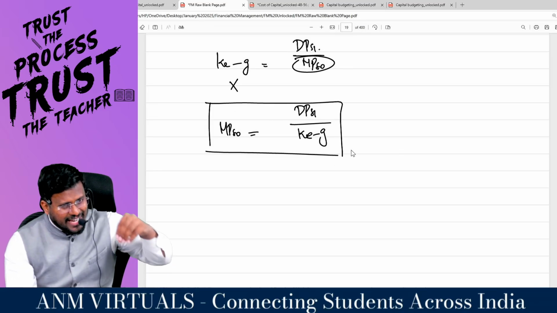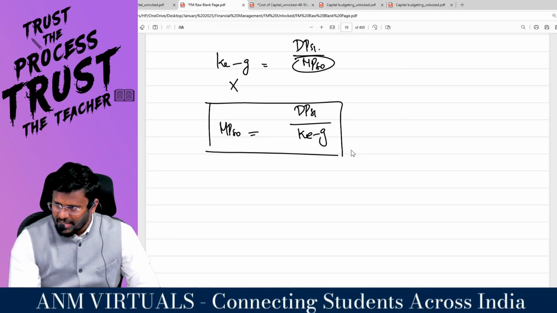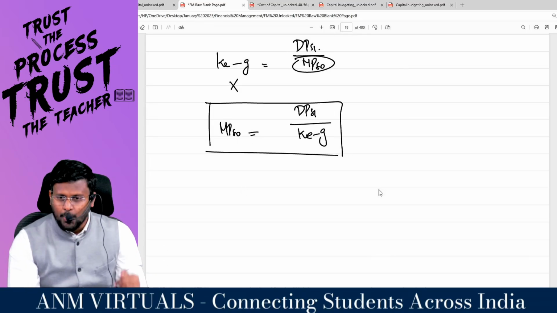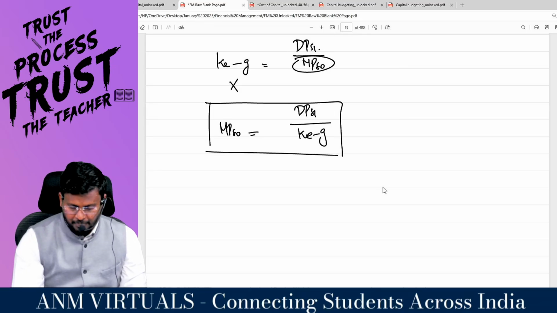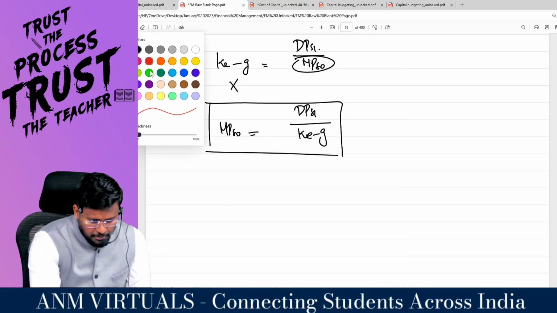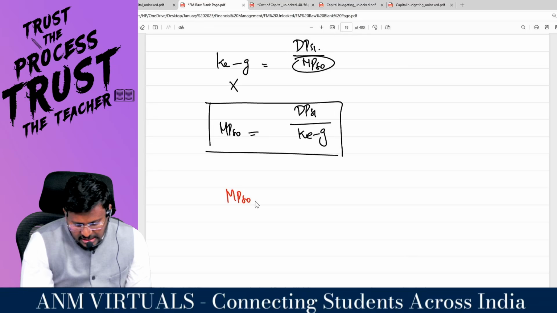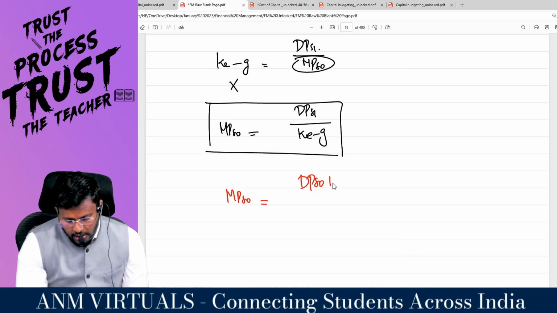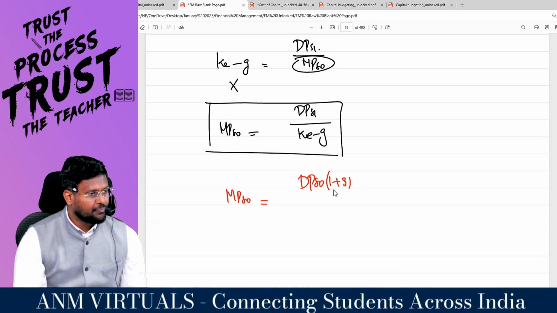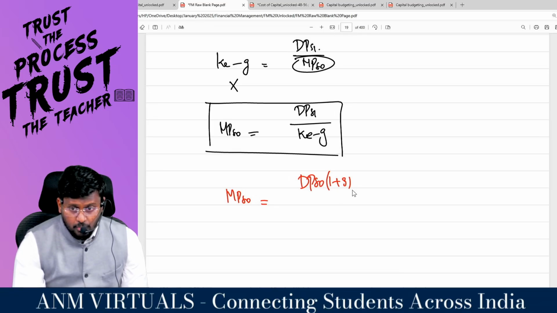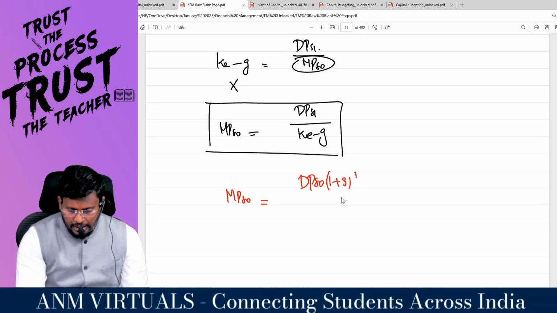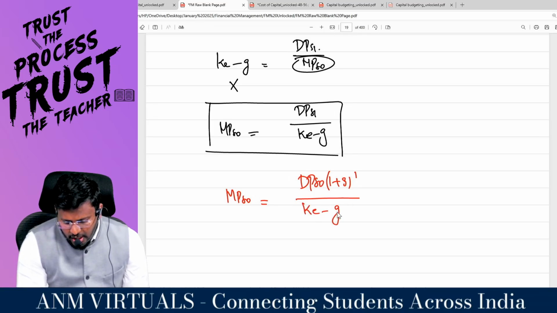If you want the market price, MPS0 is equal to DPS1 divided by Ke - g, which is nothing but MPS0 = DPS0 (1 + g)^1 divided by (Ke - g).